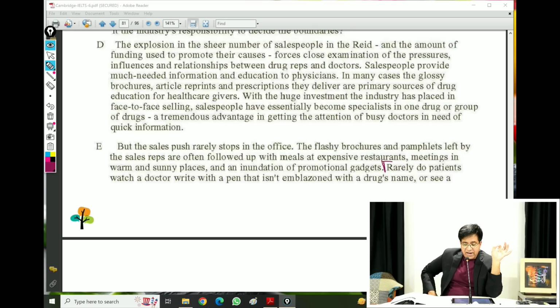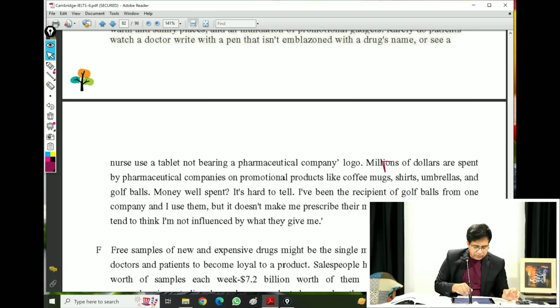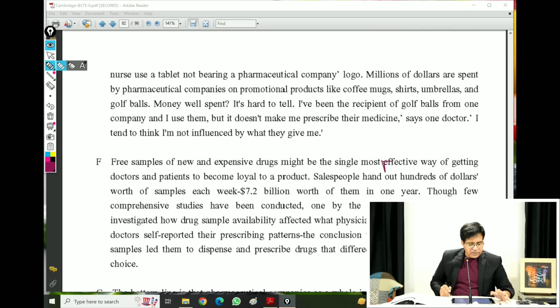They say, rarely do patients watch a doctor write with a pen that isn't emblazoned with a drug's name, or see a nurse use a tablet not bearing a pharmaceutical company logo. She's holding a tablet and that tablet is holding the logo of a pharmaceutical company.